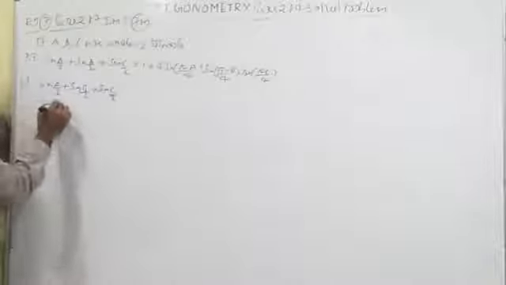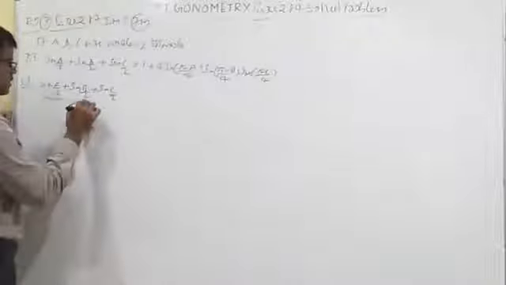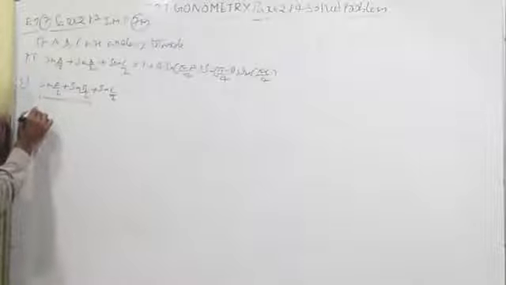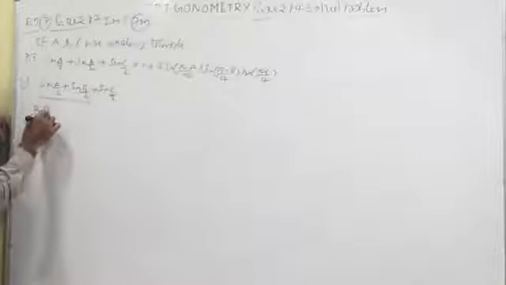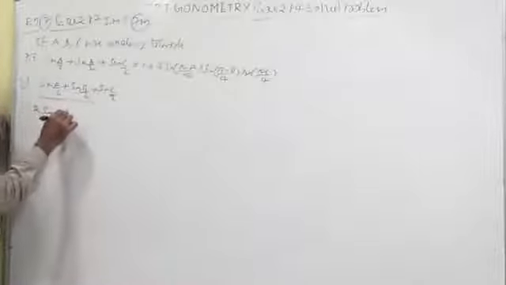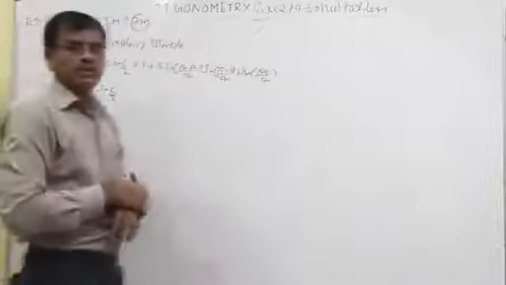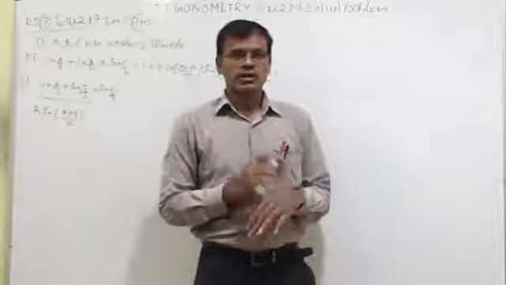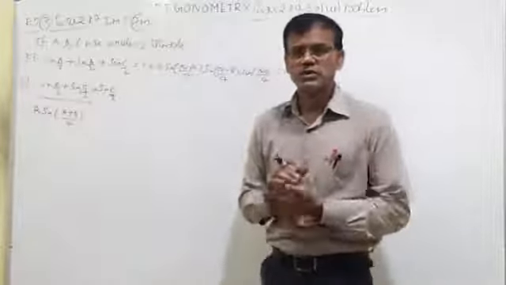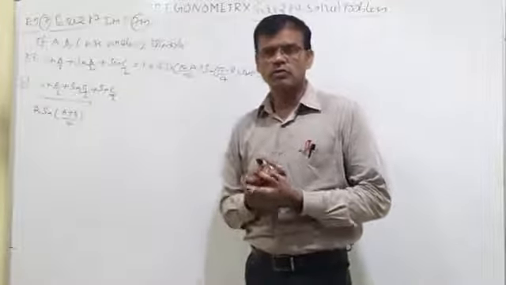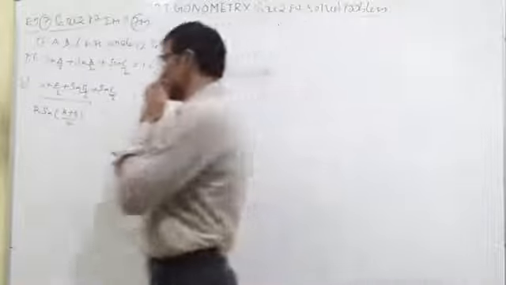For the first two terms, apply the formula sin C plus sin D, which is 2 sin (C plus D) by 2 cos (C minus D) by 2. You can understand here 2 sin (A plus B) by 4, because (A by 2 plus B by 2) whole by 2 becomes (A plus B) by 4.